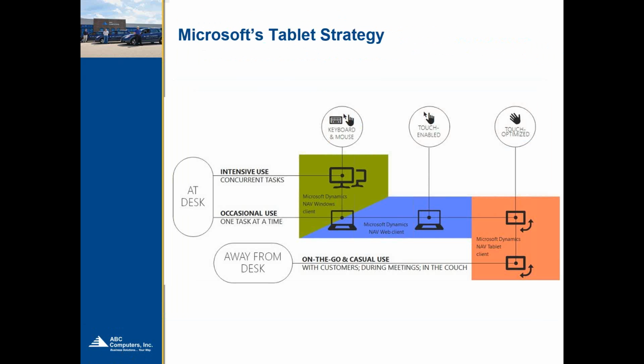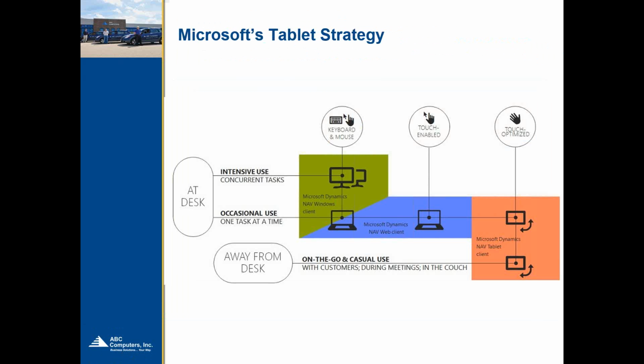So Microsoft's tablet strategy here, in a real basic graphic, shows that over on the left in the green, the classic Dynamics NAV for Windows client. That's what everyone has been using for people that are sitting at a computer, at a laptop, a desktop station, doing a lot of intensive work.